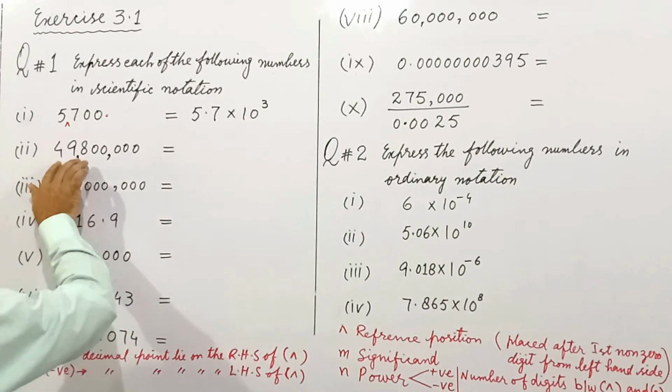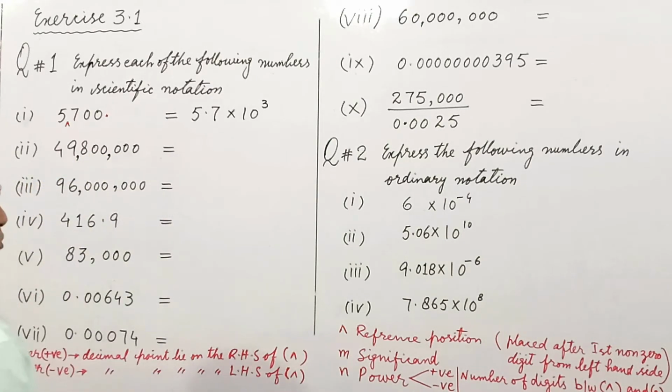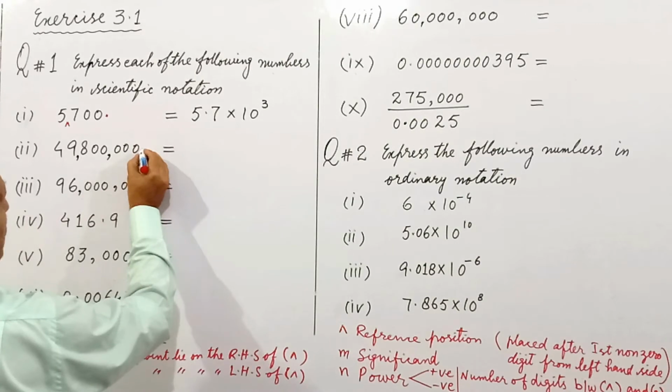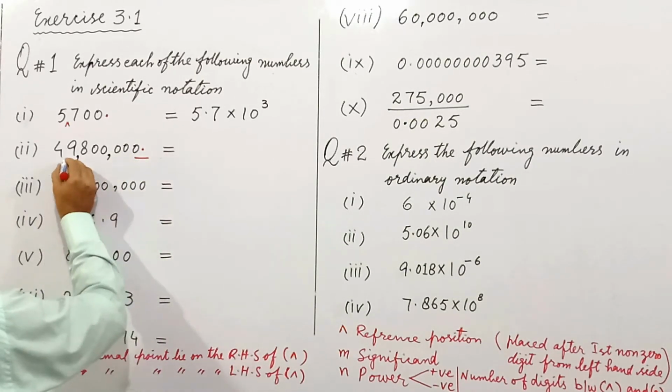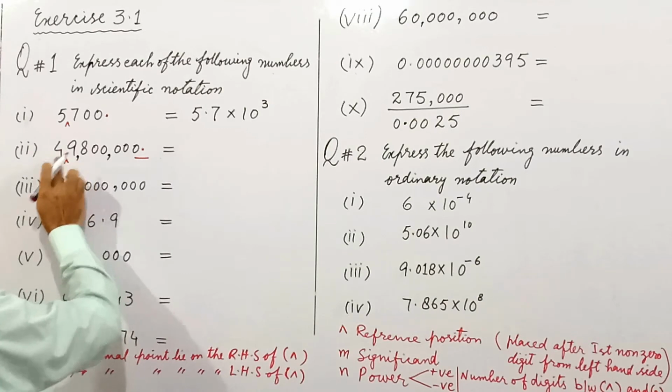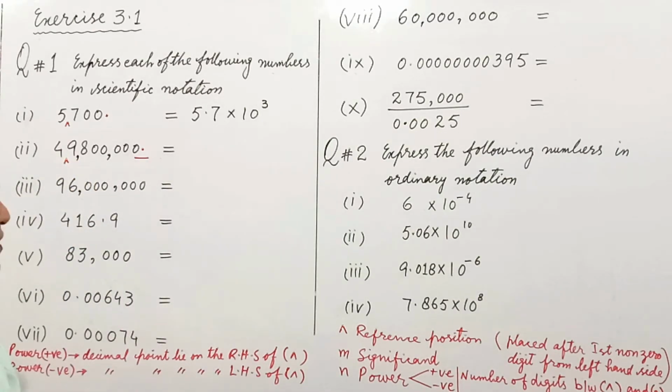In part 2 we have 49,800,000. To convert it into scientific notation, we first mark the original position of the decimal point and place the reference position after the first non-zero digit from the left hand side.